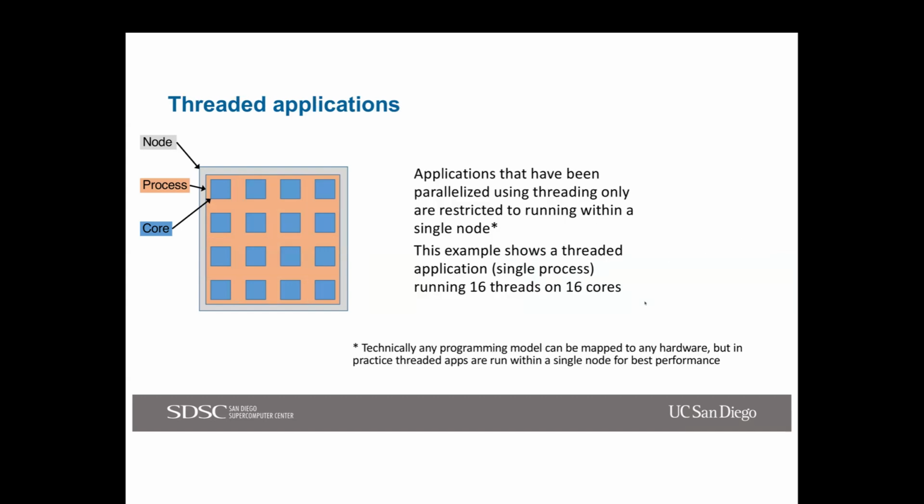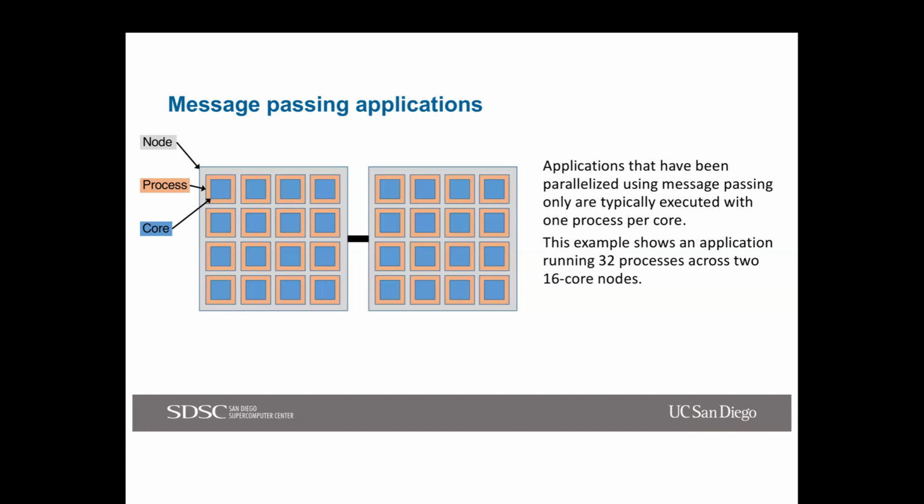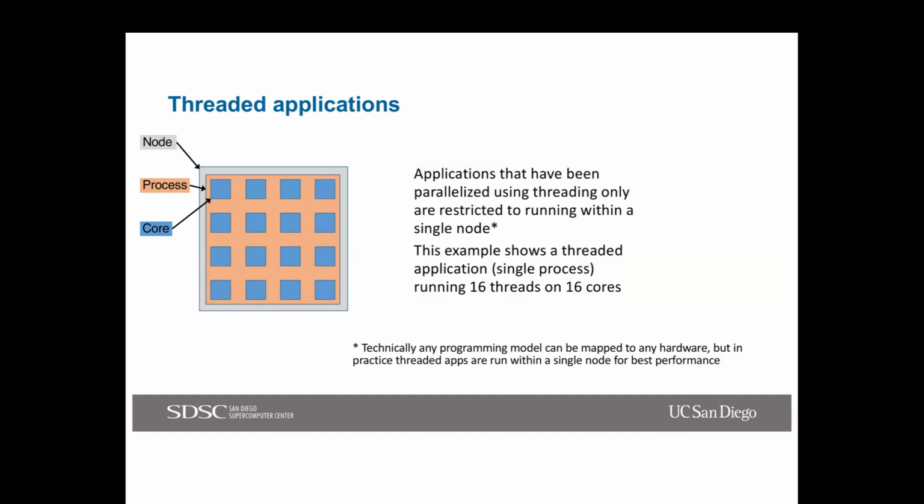If your application was completely threaded, and it was only using, say, OpenMP, you wouldn't be able to run across multiple nodes. You have this shared memory model where you're limited to a single compute node. As we mentioned, all of the threads are always contained within a process.